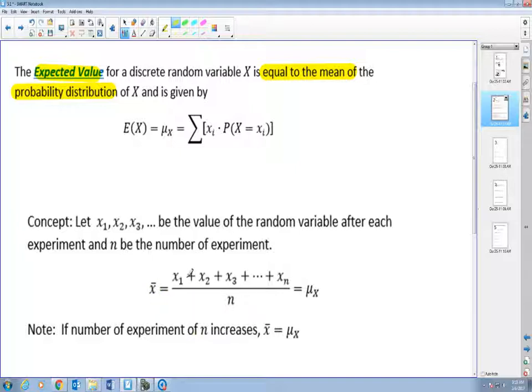Normally, when we find the mean, we add them all up and divide by how many we added. So eventually, and this is very important, your sample mean will become the mean of the random variable x.